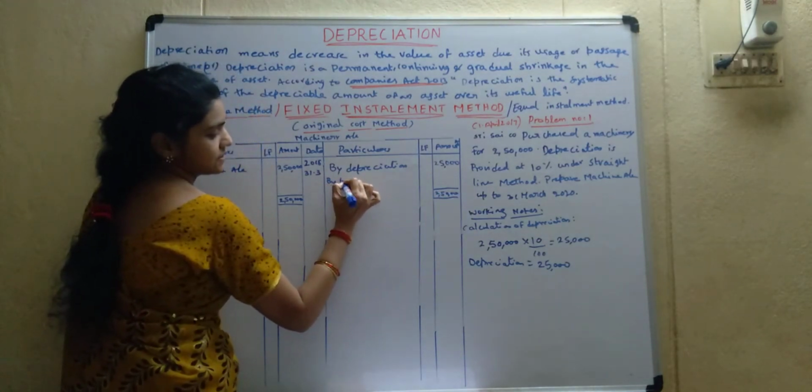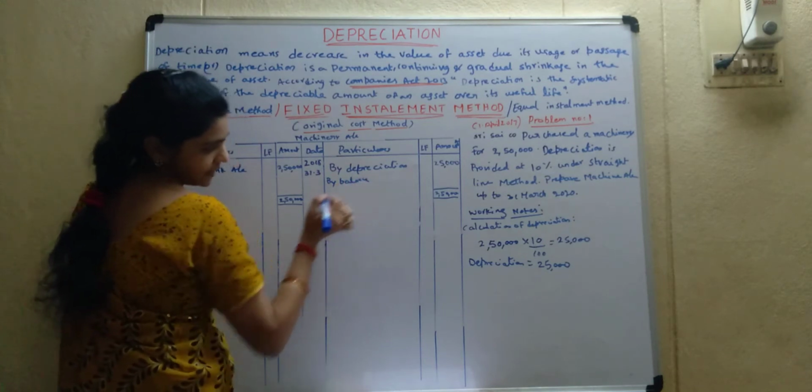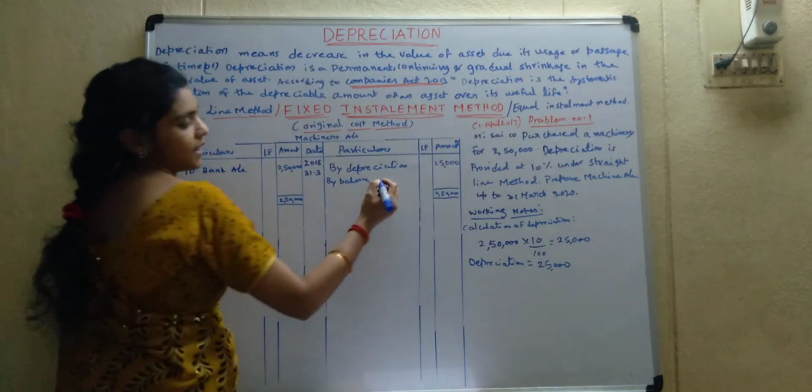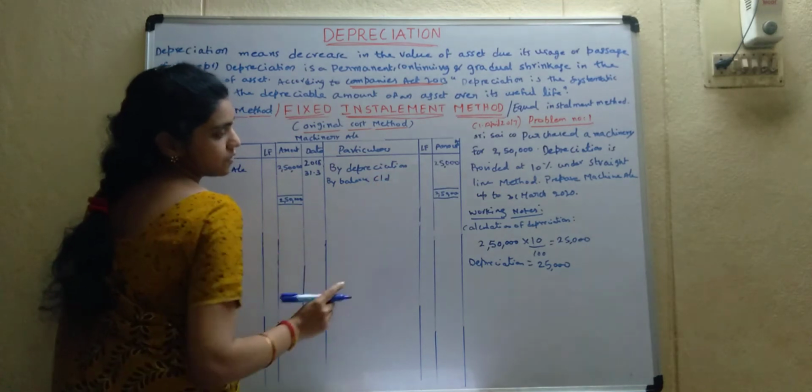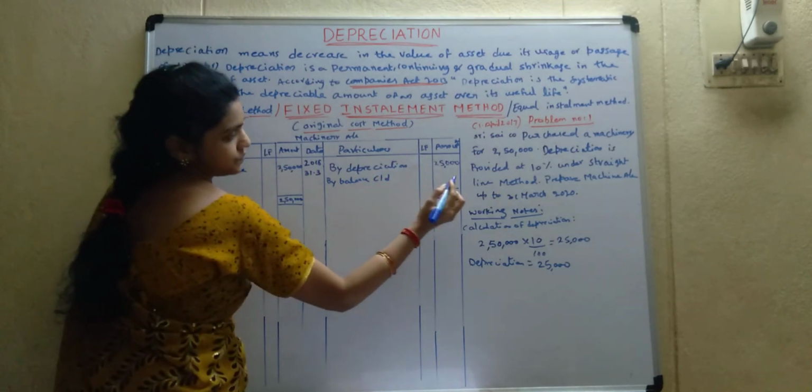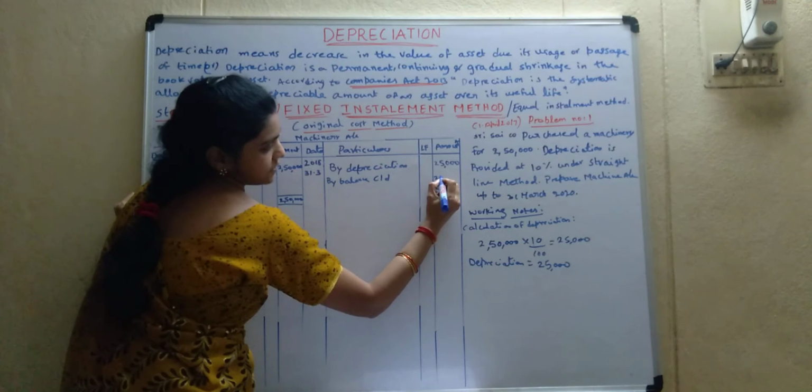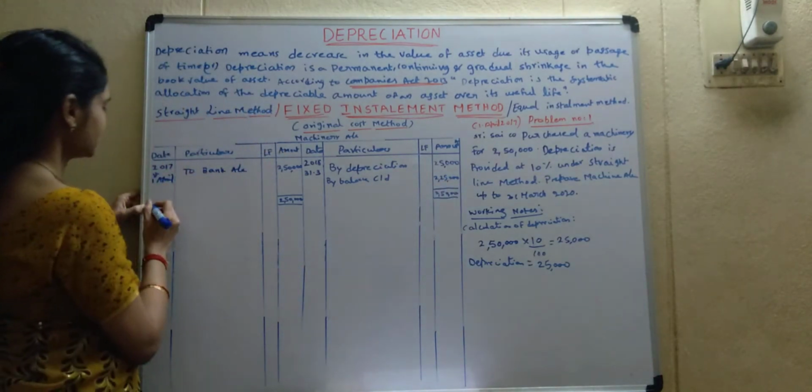By balance carried down, the remaining amount, 2,25,000.